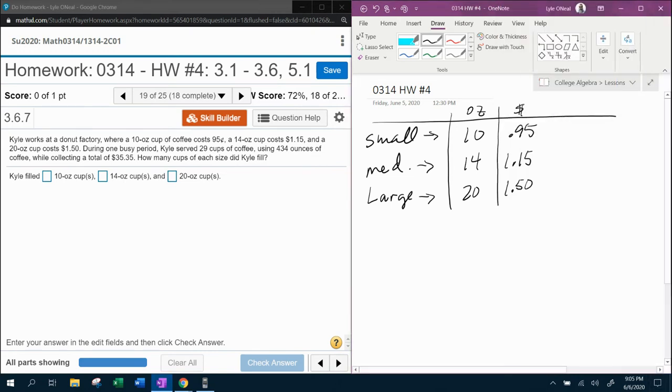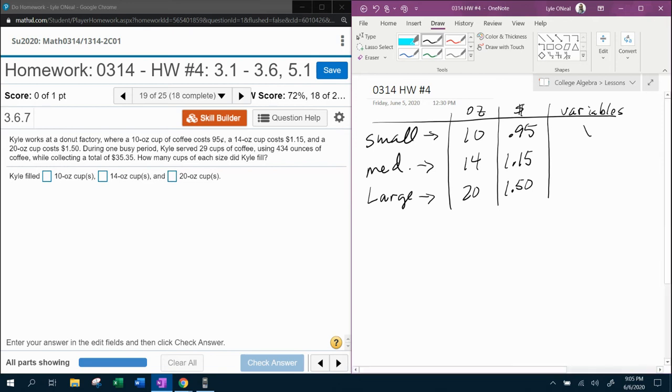Now then, the last thing we need to do is establish a variable that's going to represent how many cups of each size were sold. So what would you like to use for a variable for the number of small cups of coffee sold?